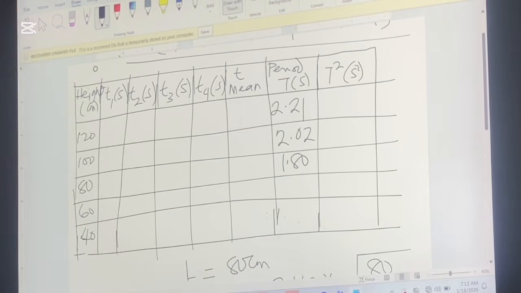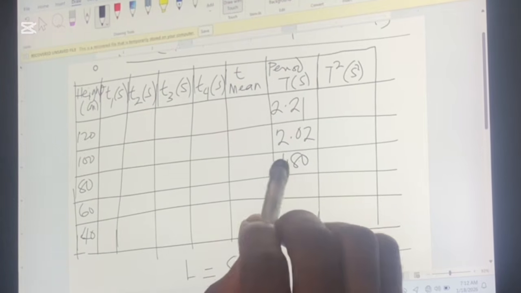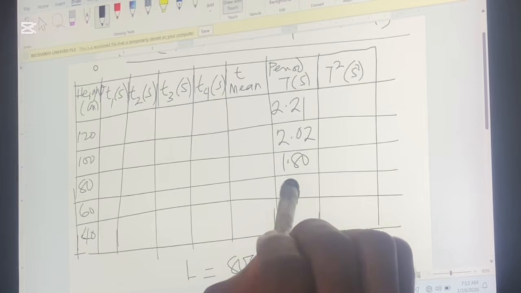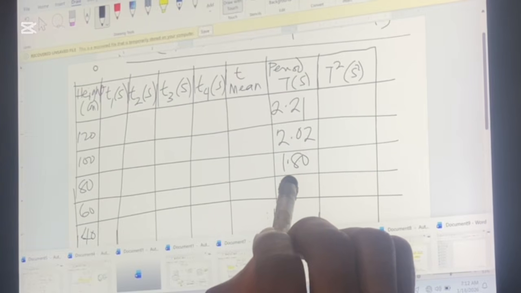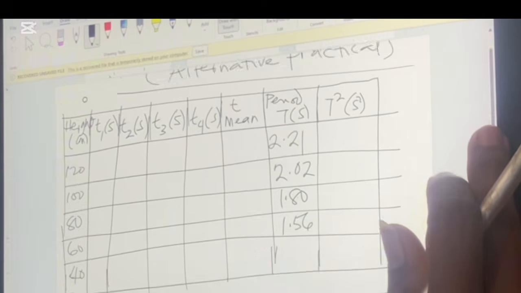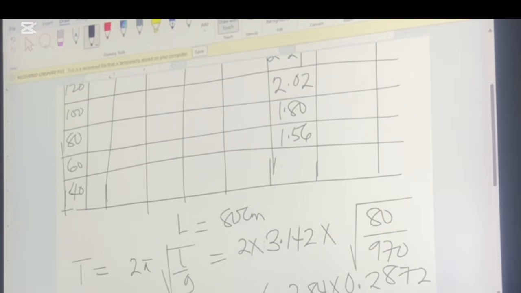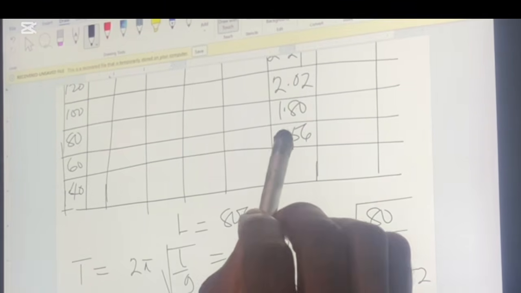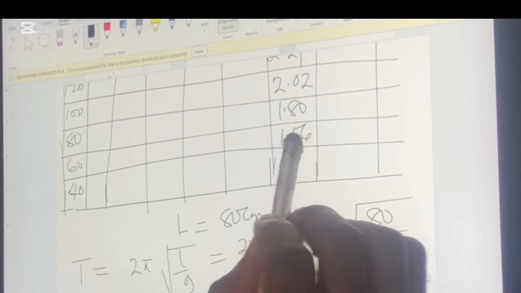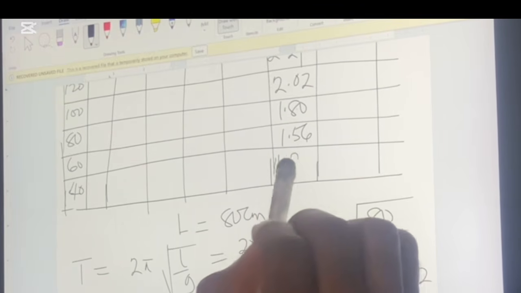The next one is 1.563, I can say 1.56. The last one is 1.27609, I can say 1.28.